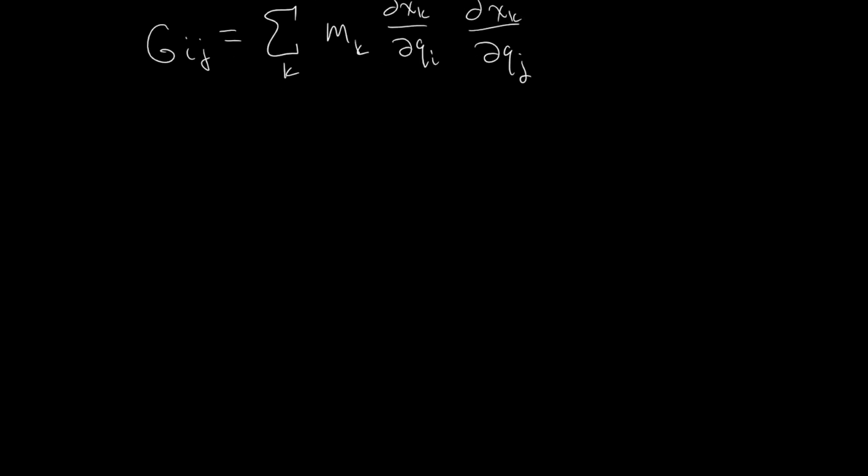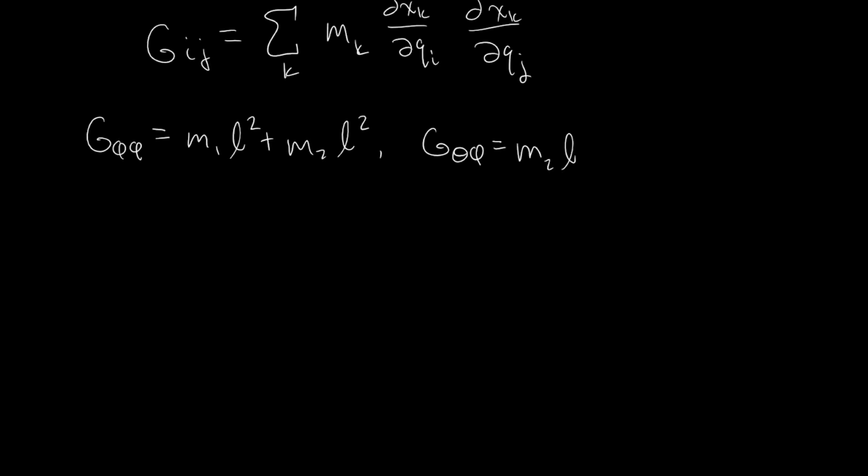I'm just going to write it down. So you get g phi phi is equal to (m1 + m2) L squared, g theta phi is equal to m2 L squared cosine(theta minus phi), and then g theta theta is equal to m2 L squared.